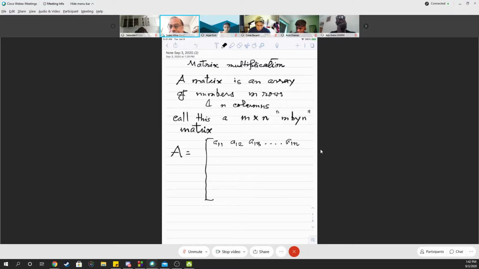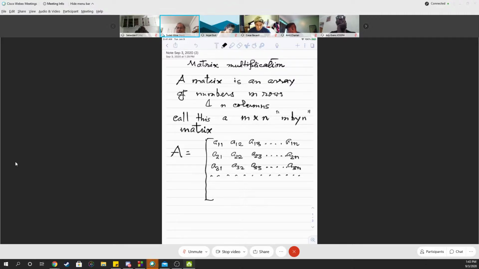Second row: A21, A22, A23, dot dot dot, A2n. Third row: A31, A32, A33, dot dot dot, A3n. Like this, it goes on.